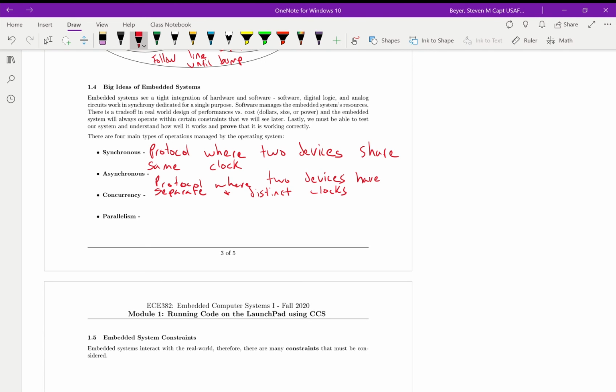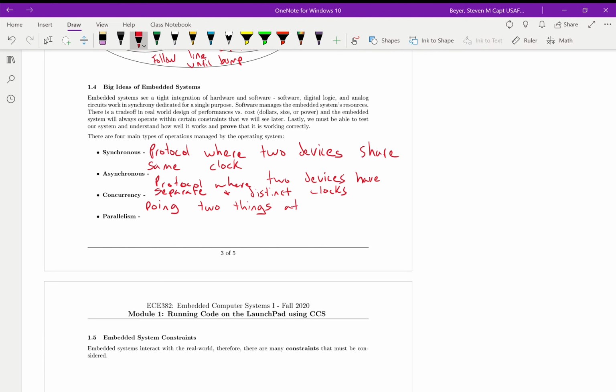And then there's two types of processing, concurrency and parallelism. So concurrency is doing two things at once, but switching back and forth using interrupts. So this is not parallel processing. We're going to do one thing until someone else tells us to do something else.